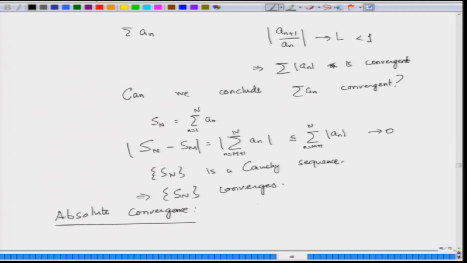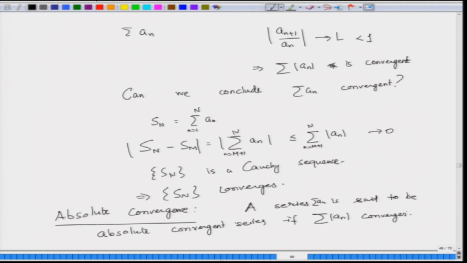A series, let us say a_n, is said to be an absolutely convergent series if the summation of |a_n| converges.